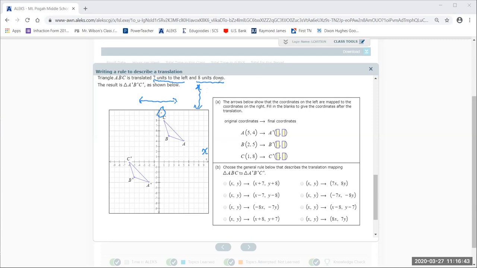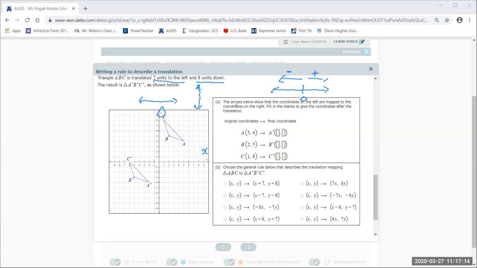So 7 units to the left: if I've got a number line and this is 0 and I move 7 units to the left, I go this direction. What operation does that correspond to, addition or subtraction? Subtraction. If I move to the right, we know that's addition.